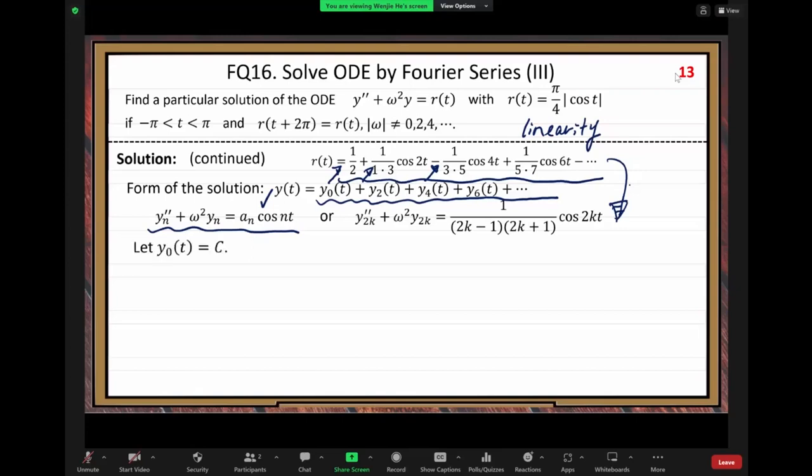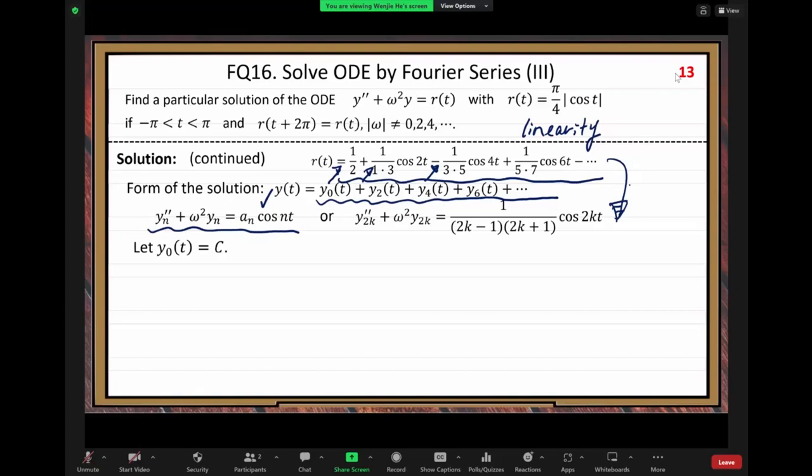Then the first one, y0, has a structure slightly different from the structures of all other components. So we need to work on it separately.